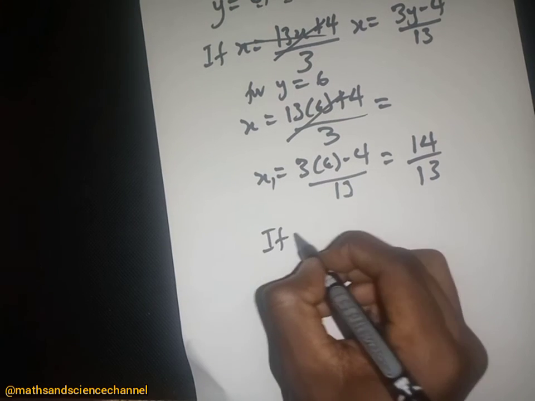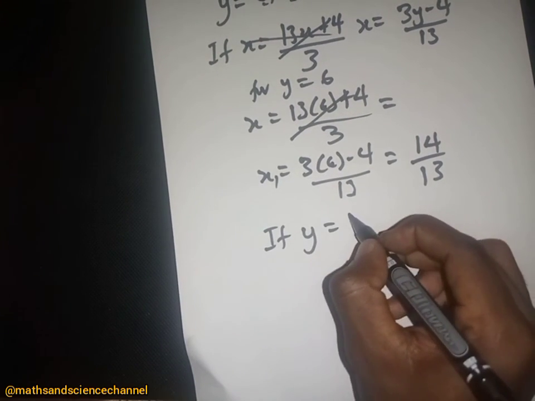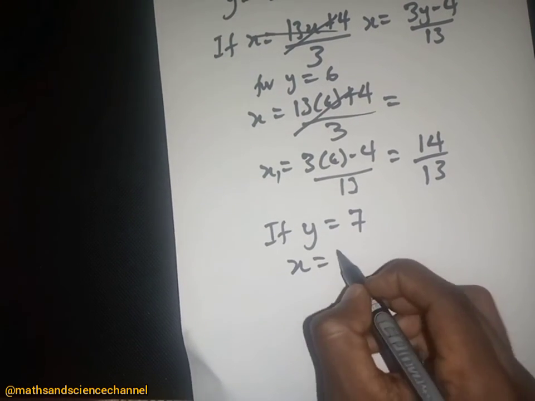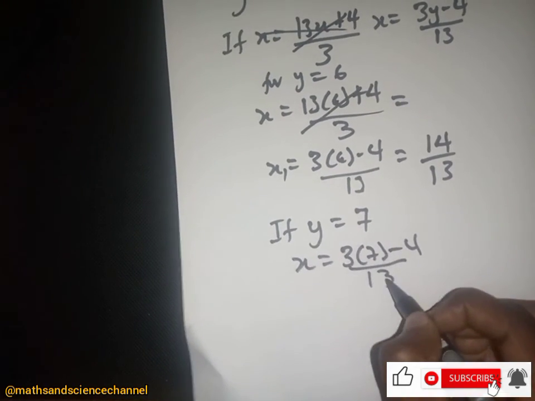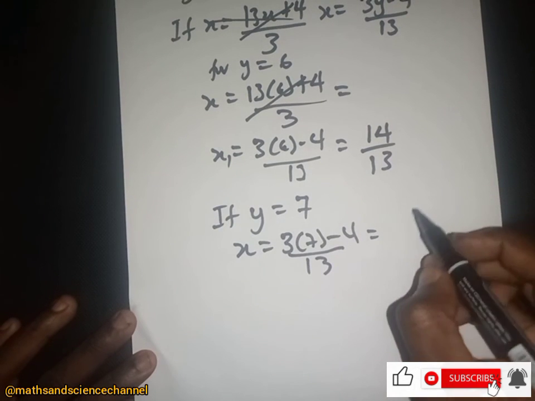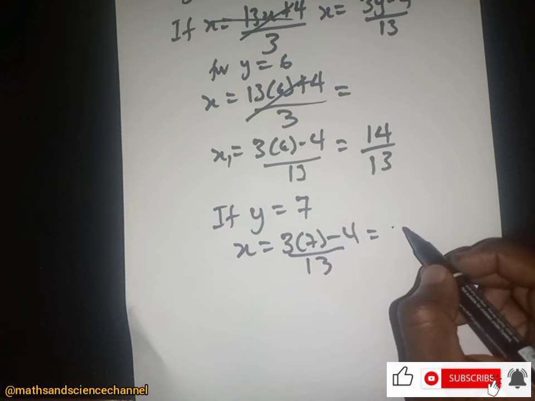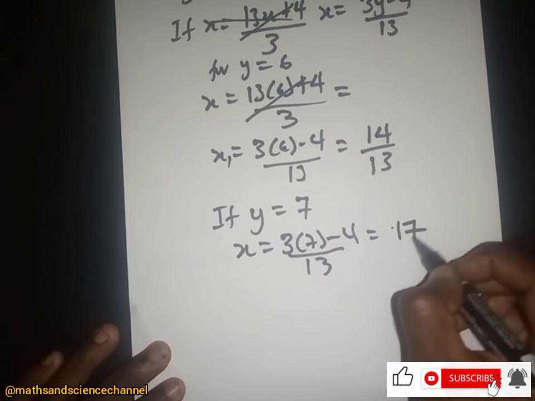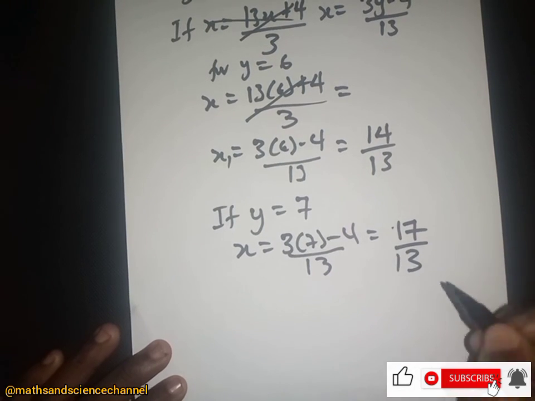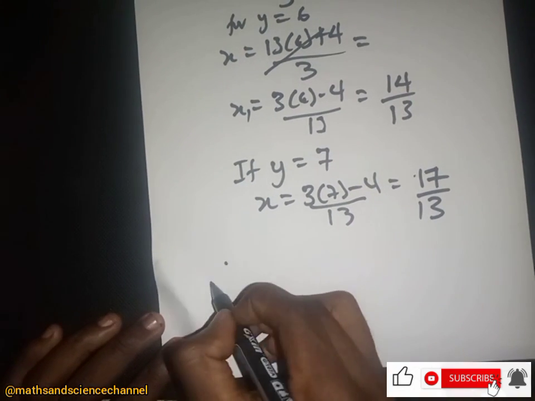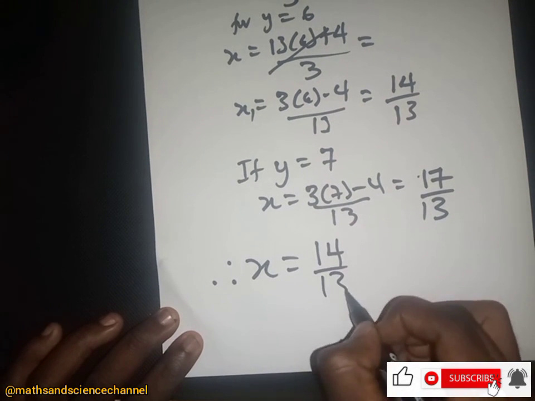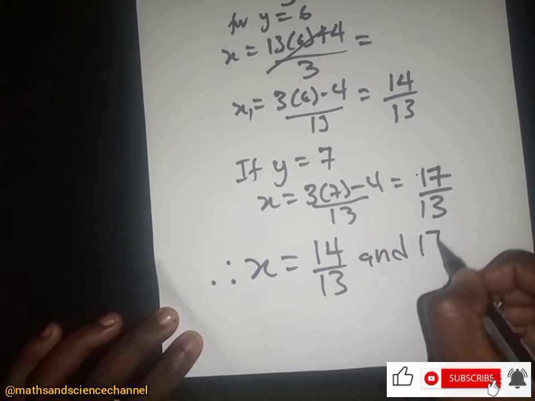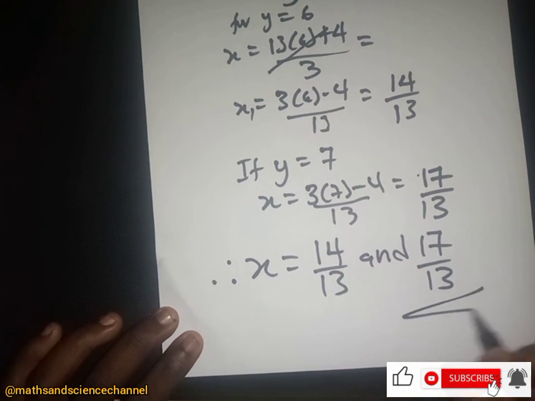Now if y is equal to 7, then x will be (3 multiplied by 7 minus 4) over 13, so we get 21 minus 4, which is 17 divided by 13. So therefore our x values are just 14 over 13 and also 17 over 13.